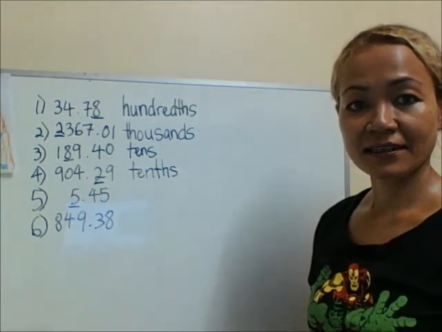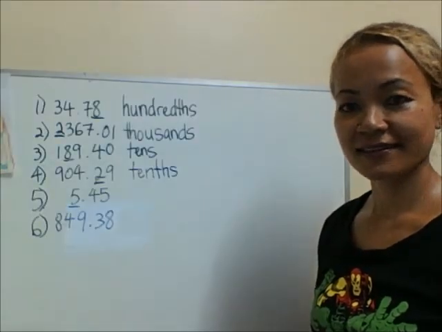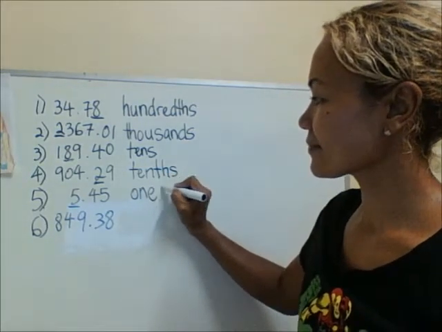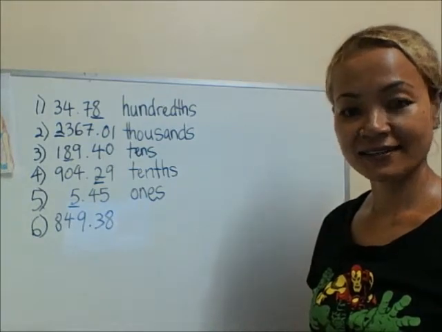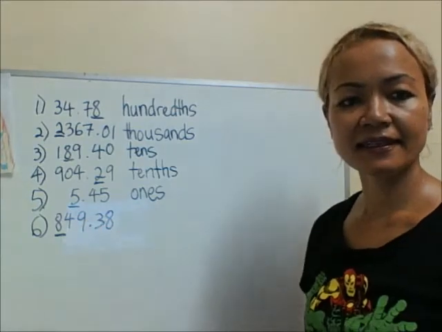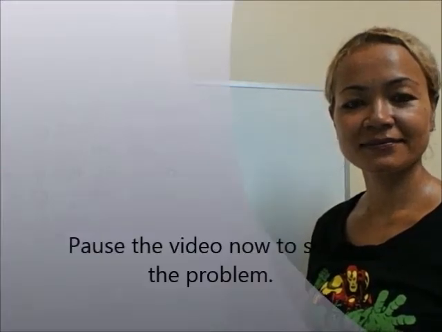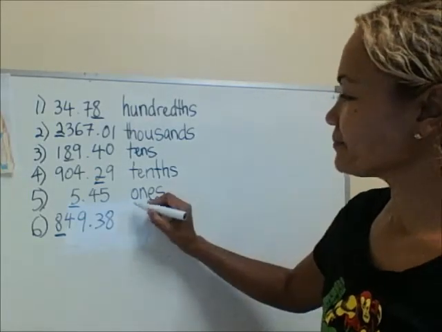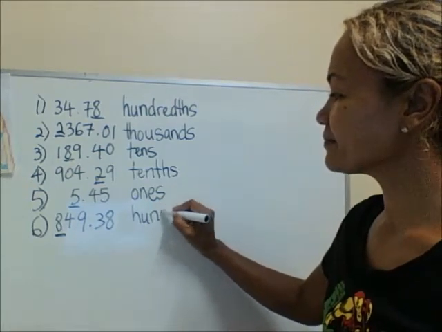And I'll give you time to solve it now. Did you get it? Ones. And the last one, number 6, 8 is underlined. I'll give you time to solve it now. Did you get it? Hundreds.